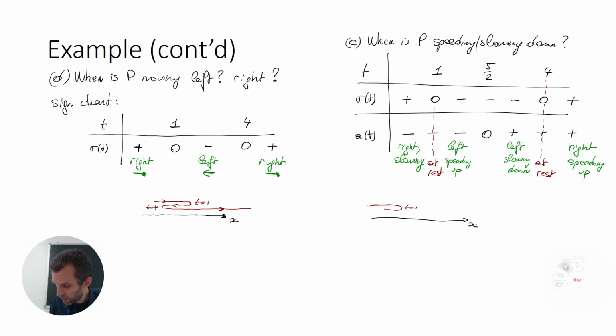And then it accelerates, but then it has to slow down again because it has to take another turn and go back, so that deceleration and turning back happens at t equals 4. And at t equals 4, it basically starts speeding up and then it goes very fast and basically goes off to infinity even.